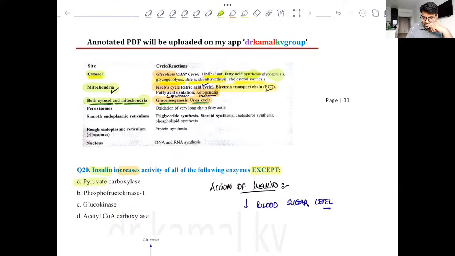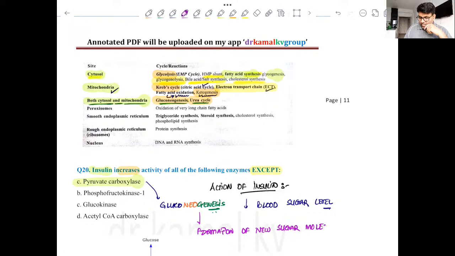and that enzyme is actually pyruvate carboxylase, because pyruvate carboxylase is needed for gluconeogenesis. And this is actually formation of new sugar molecules from non-sugar sources. That's very important, from non-sugar sources.